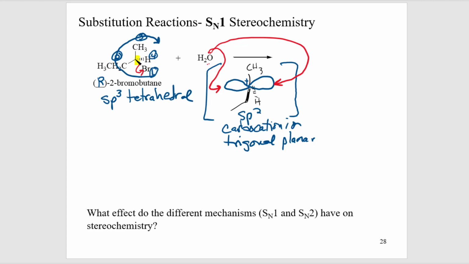Now, I just want to point out, if you spent some good money buying a chiral R-2-bromobutane, you're like, I'm just going to buy R. That's going to cost a little bit more because it's pristinely pure enantiomerically. And then you go and say, all right, I'm going to do an SN1 reaction. Well, you should have saved your money, because you're turning your chiral center, your stereocenter, sp3, into sp2. You've completely destroyed your stereocenter in the process of SN1, right?